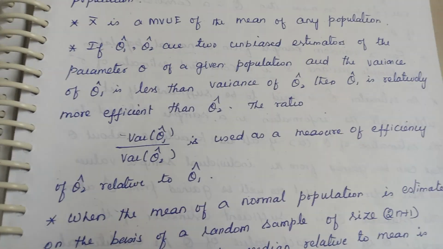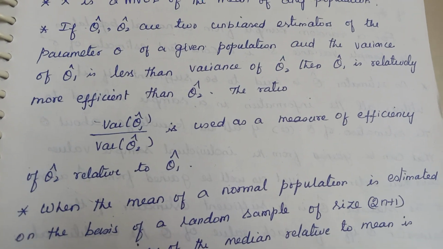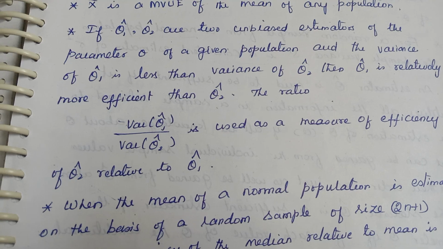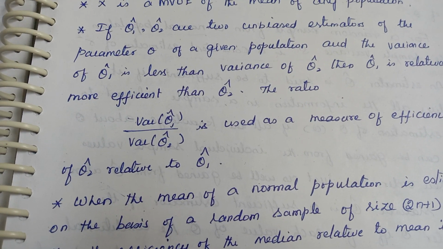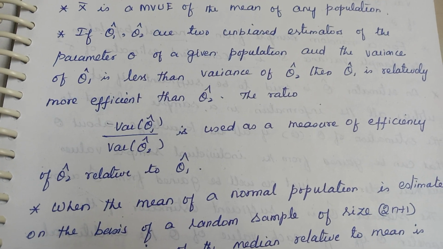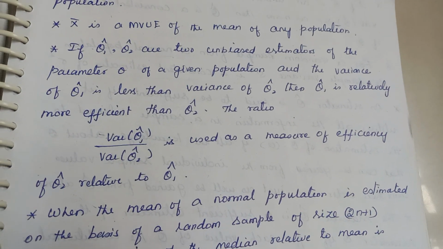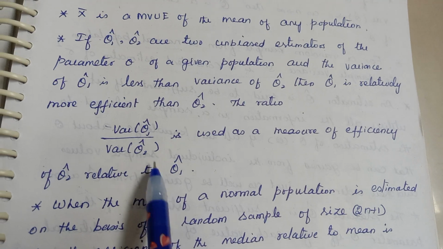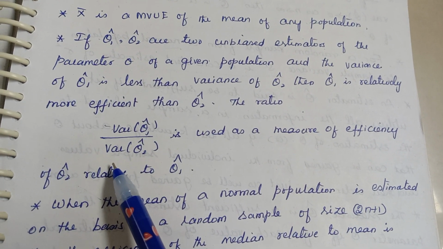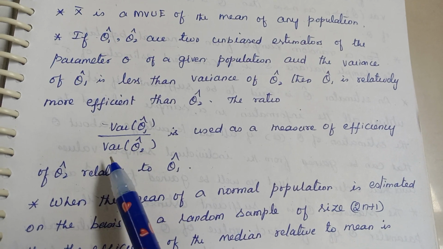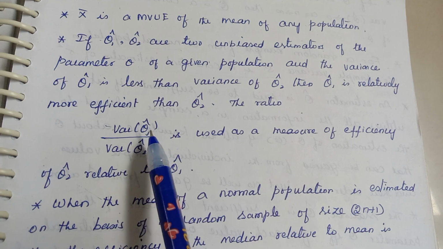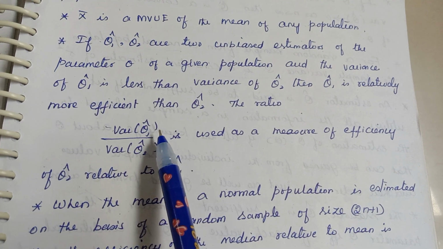Here what we are stating is, you have so many unbiased estimators, among which you are going to choose only the one having the minimum variance. That is the best suitable. Now I have two such unbiased estimators. Among them, keep fixed the unbiased estimator which has the least variance.